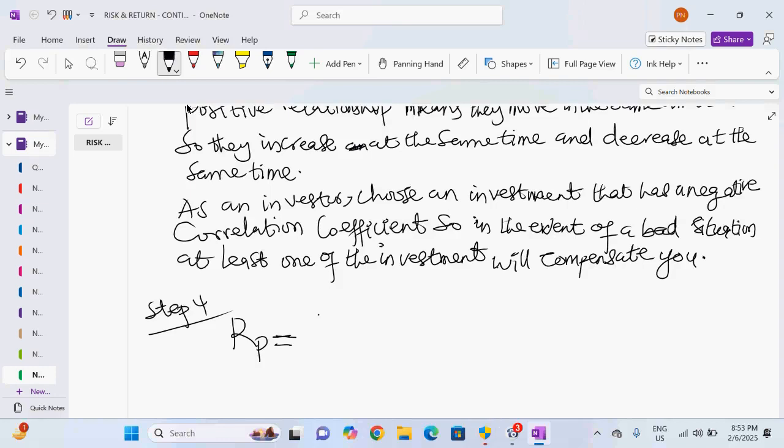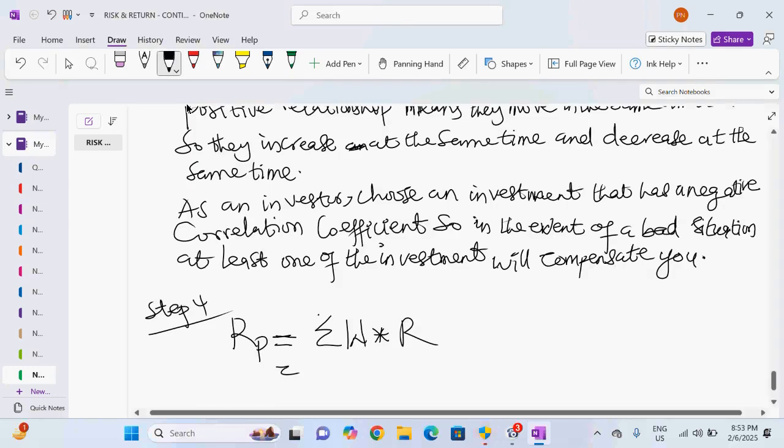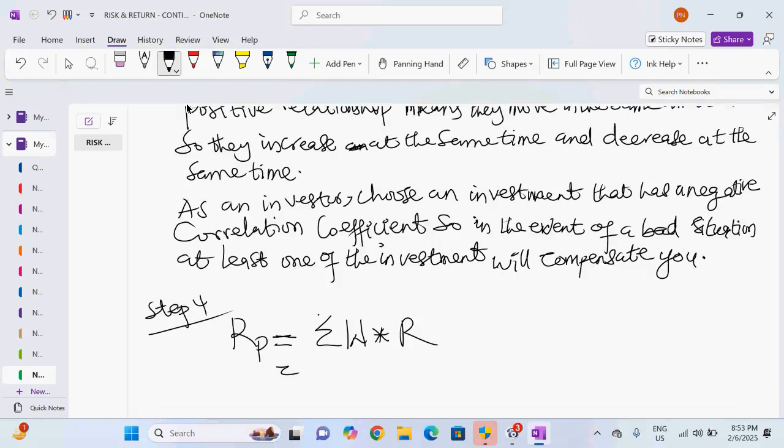Weighted average times the return. The weight times the what? Return. So what is the weight for stock A?